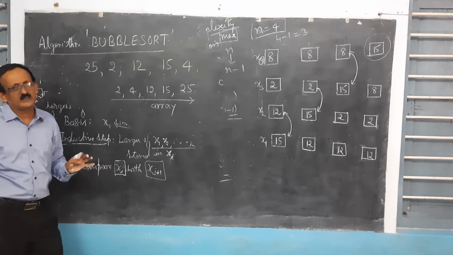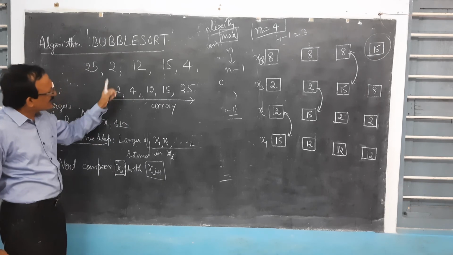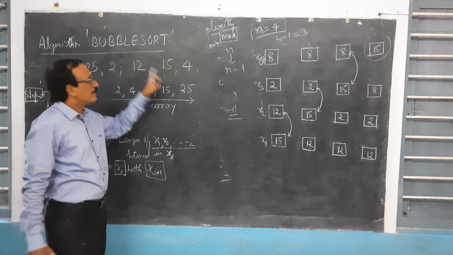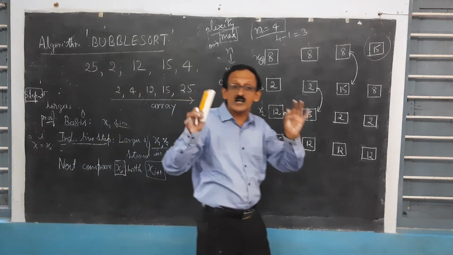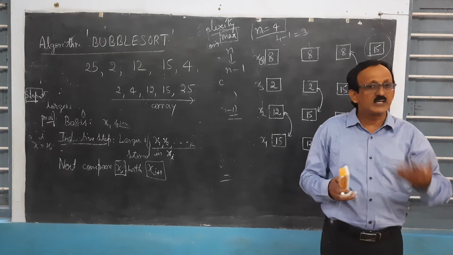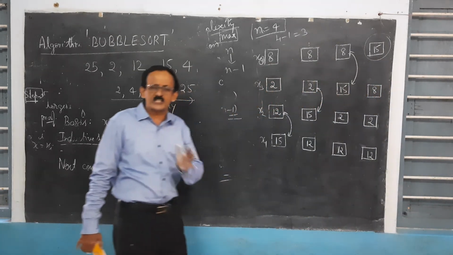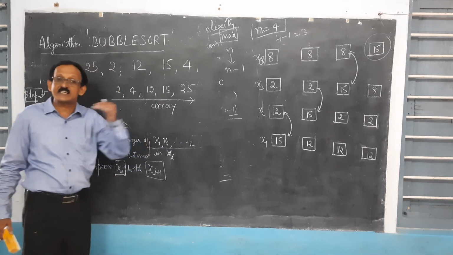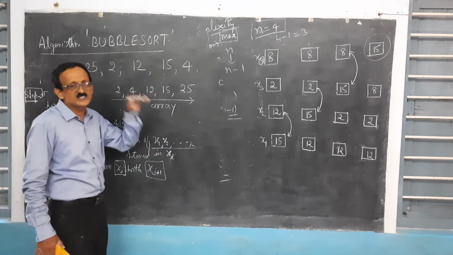Bubble sort algorithm is not only giving you the largest of n numbers, but also it will give the ascending order of numbers. Numbers will be put in the ascending order, increasing order of magnitude. You are going to get this.